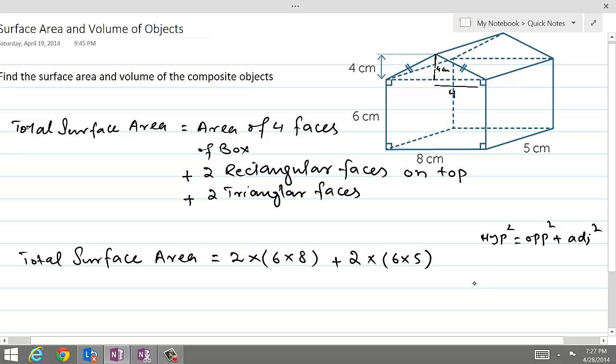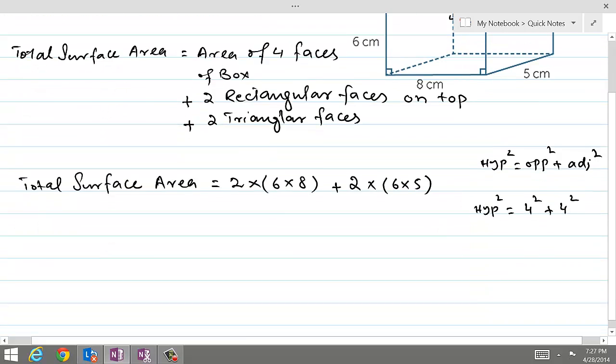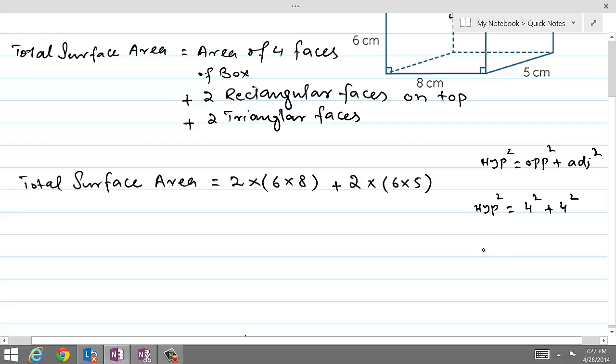So hypotenuse square is equal to 4 square plus 4 square.